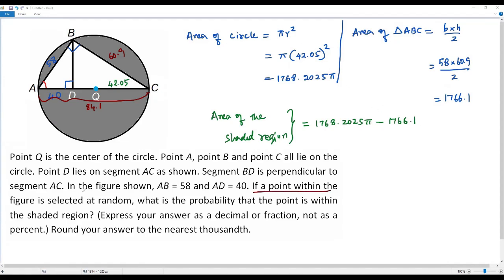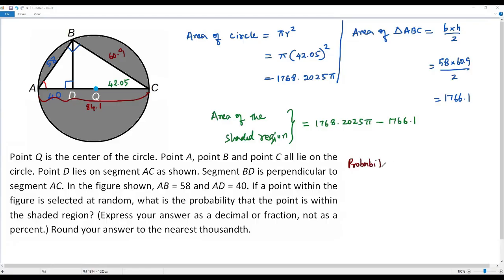If a point within the figure is selected at random, what is the probability that the point is within the shaded region? Since a point is selected within the figure, that is the circle, we have to consider the area of the circle as sample space to get the required probability, and the area of the circle, that is the sample space, should be written in denominator. Okay, now let me write the stuff over here.